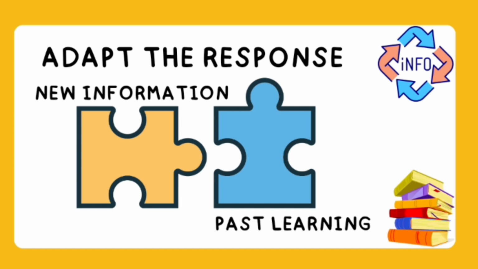So it means that in order for us to learn something, we must adopt the response or adopt the learning that we may encounter. So in the illustration, it means that in order for us to learn something new, it must be united with our past learning and our future learnings.